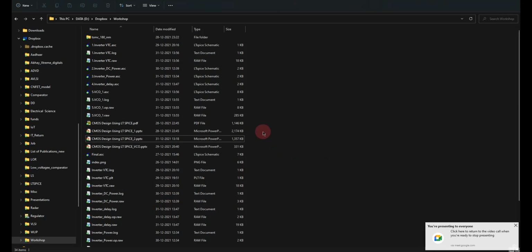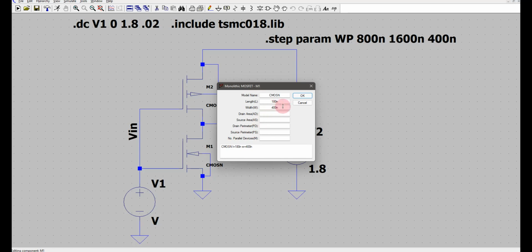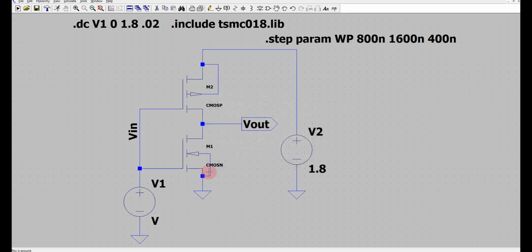So let me demonstrate a few things. Now this is an NMOS transistor. I showed you last time how to install these technology files. What I have done is, if you see, I have put a width of 400 nano.